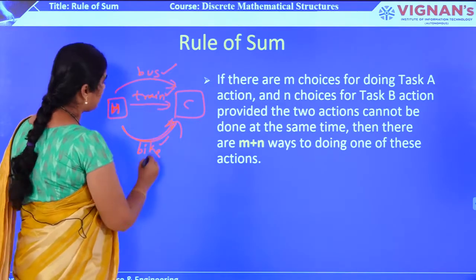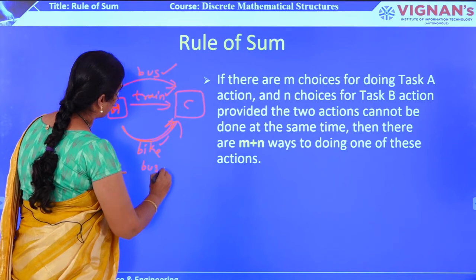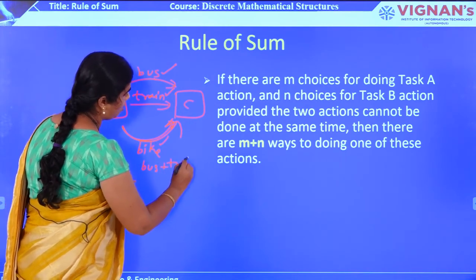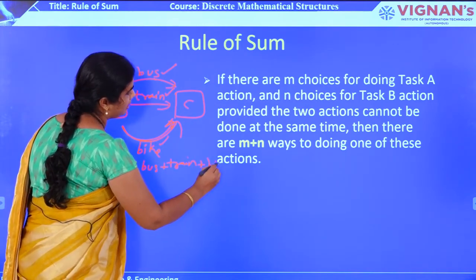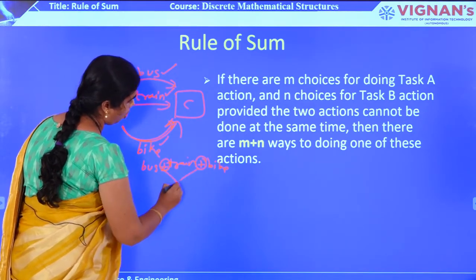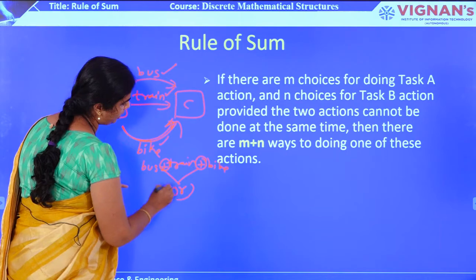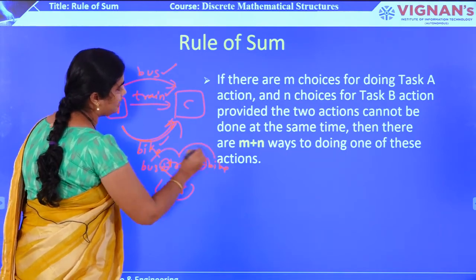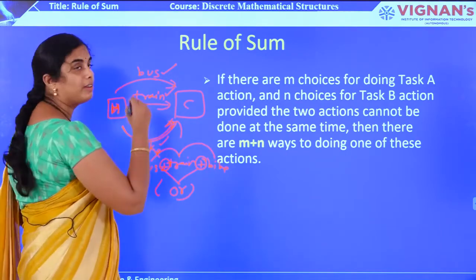So the number of methods will be bus plus train plus bike. This plus operation denotes either-or. You need to select from either of these three options and you can proceed.